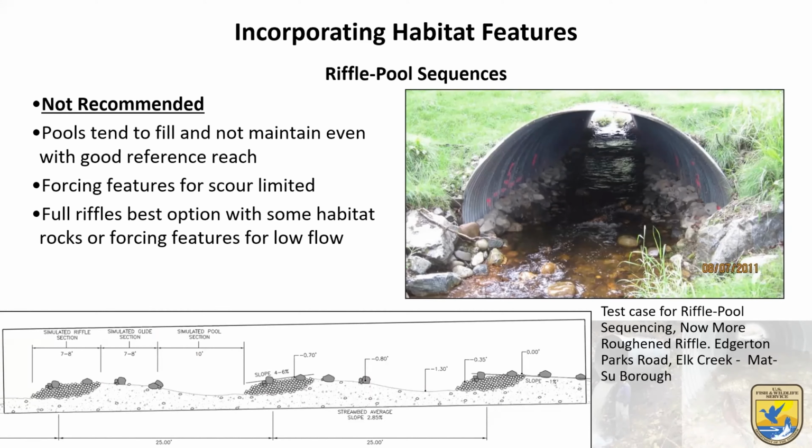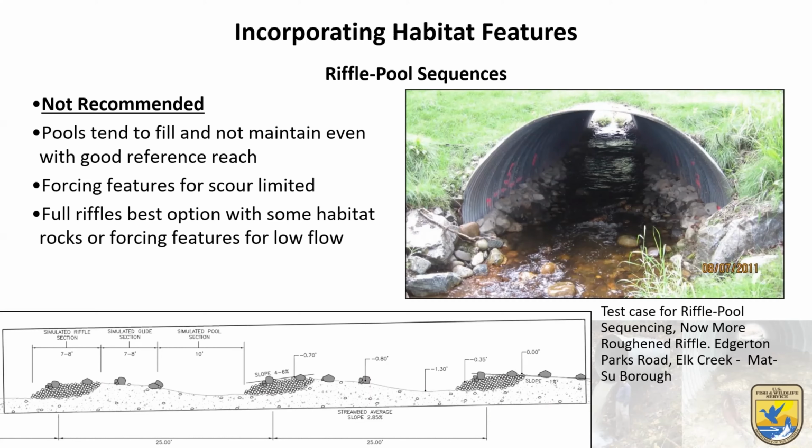In trying to look at a reference system, you've got this small creek and it meanders really nicely, has pools and riffles, and you're like, well, I want to try to make those within the culvert itself. Well, they don't really pan out in a culvert.